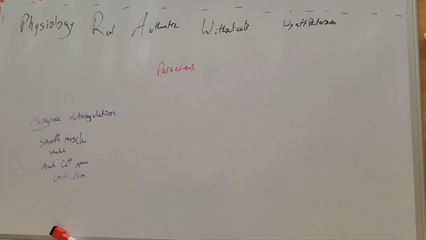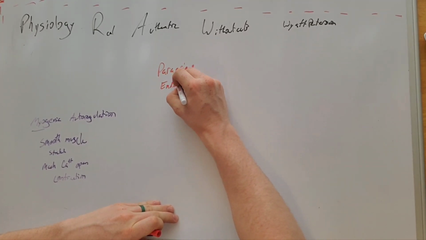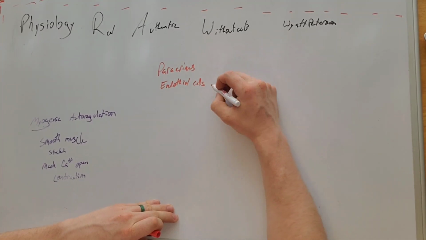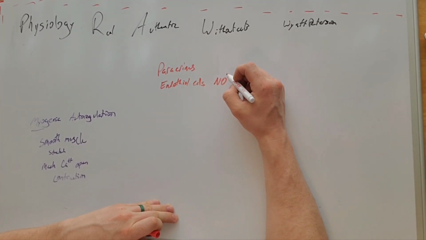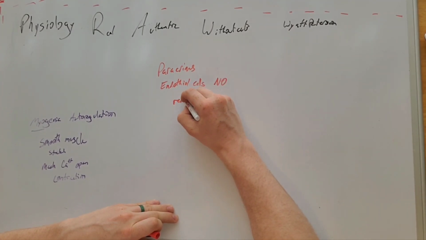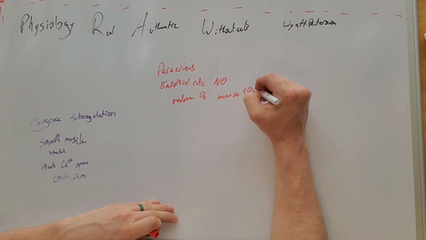Okay, and paracrines, it's going to be a little bit different. Paracrines, so they come from the endothelial cells that we were talking about earlier. Endothelial cells are going to release nitric oxide, and they respond to reduced O2 and increased CO2 levels.